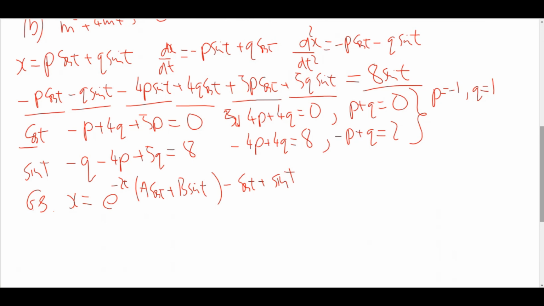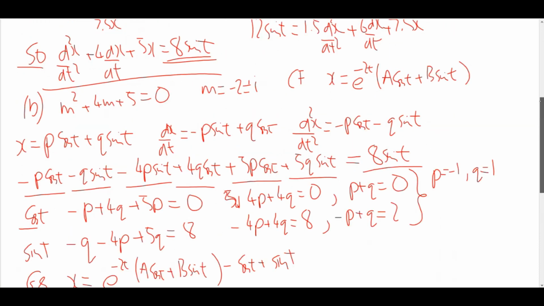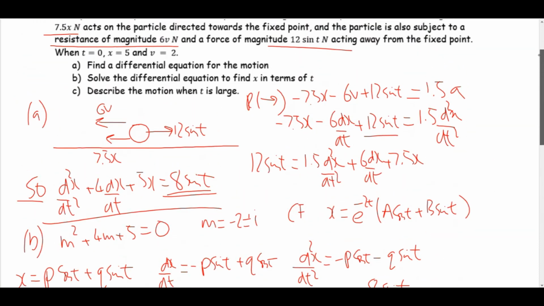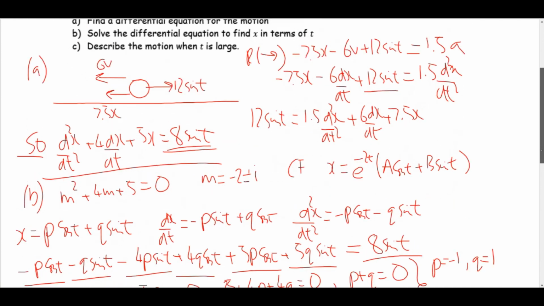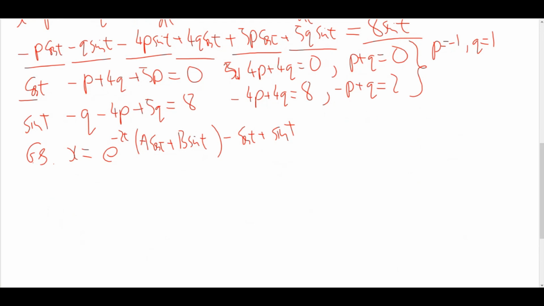Okay, to do with working out a and b, we can use the initial conditions which are given. So we know, first of all, when t is 0, x is 5. So if you substitute into this, t is 0, x is equal to 5, you'll get on the left just 5.